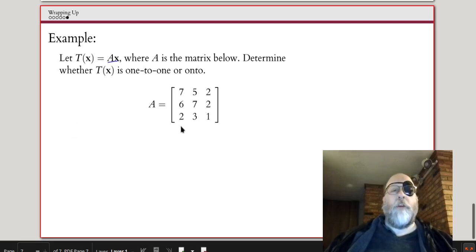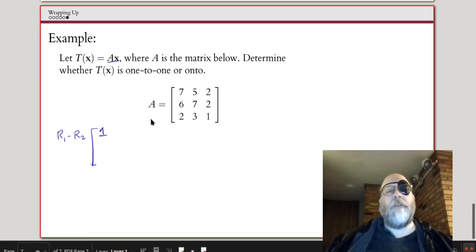So we're going to want to row reduce this matrix. The first step I might do would be row 1 minus row 2. That's going to give me a 1 in the top left corner, 7 minus 6, 5 minus 7 is -2, 2 minus 2 is 0. Now I'm going to try to make these two entries into a 0. So I'm going to take row 2 minus 6 row 1 and row 3 minus 2 row 1.